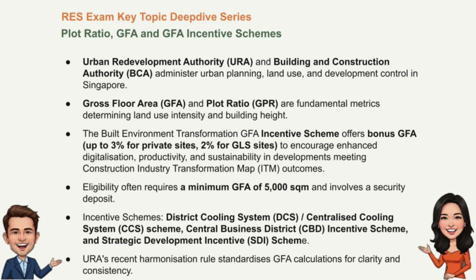And this number is not just plucked out of thin air, is it? It serves a really massive purpose in urban planning, especially here. Oh, absolutely not random at all. It's a critical strategic tool for authorities like the URA, the Urban Redevelopment Authority. Right. By carefully setting these ratios for different zones, they can very precisely guide the intensity of development. How so?